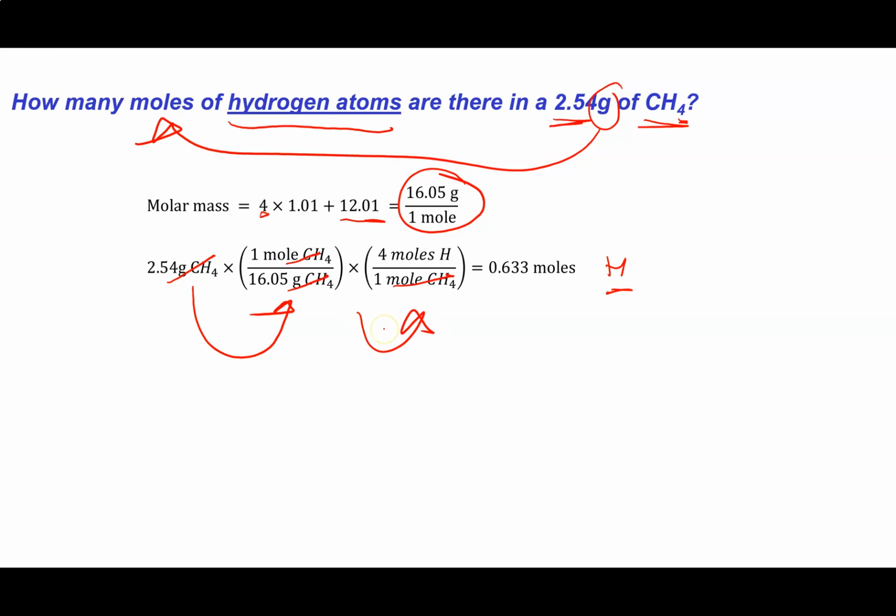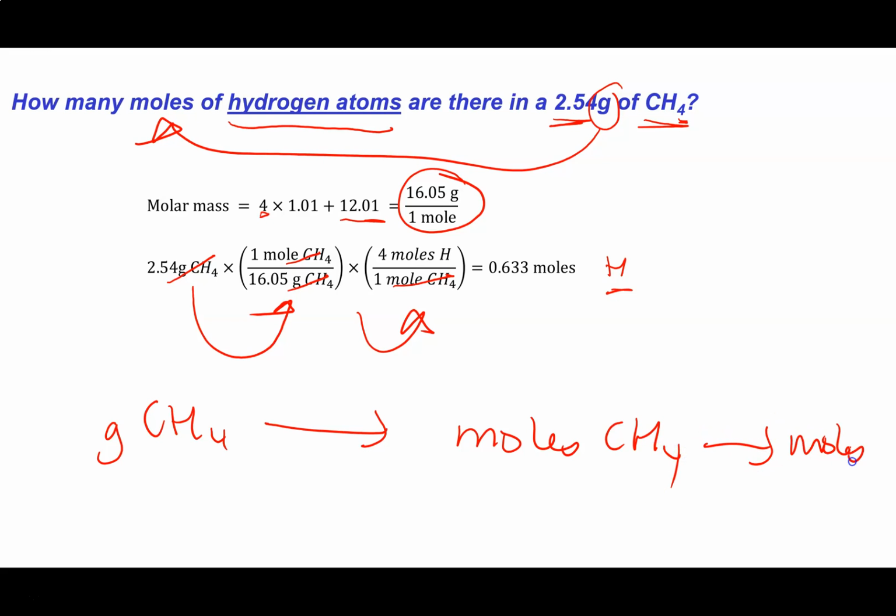Okay, so my pathway here was from grams of methane to moles of methane, and then onto moles of hydrogen. It's slightly more complicated because we've included that mole ratio in the calculation.